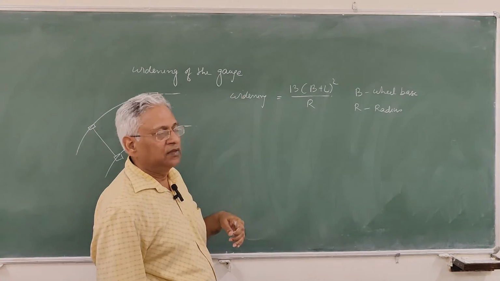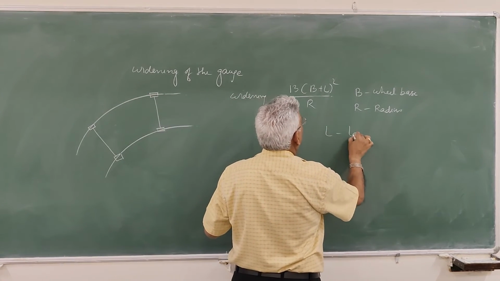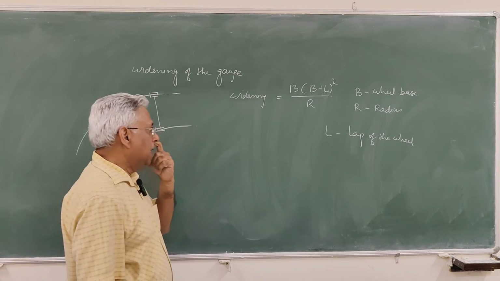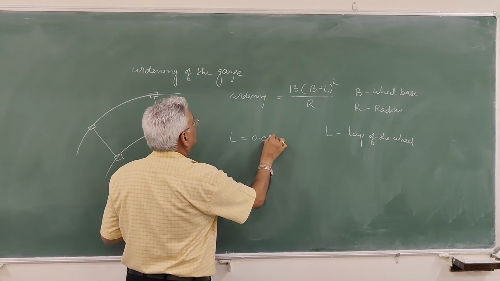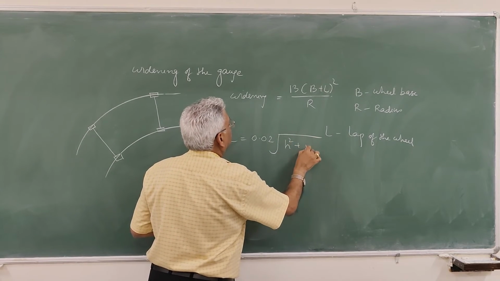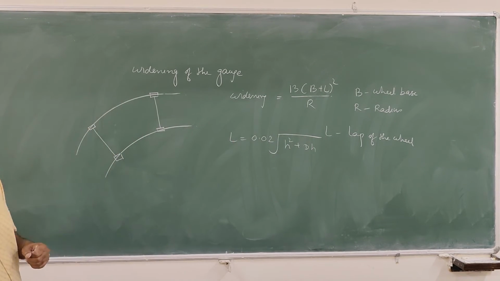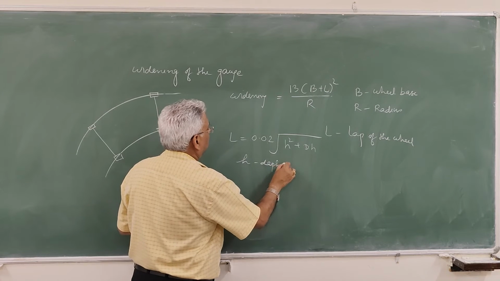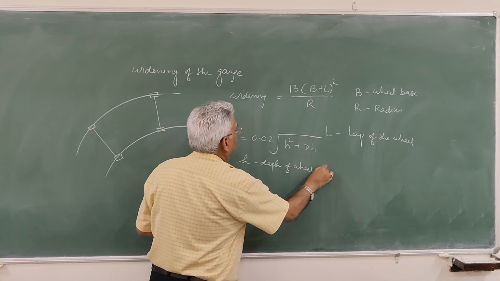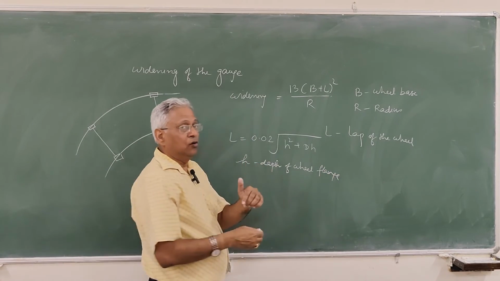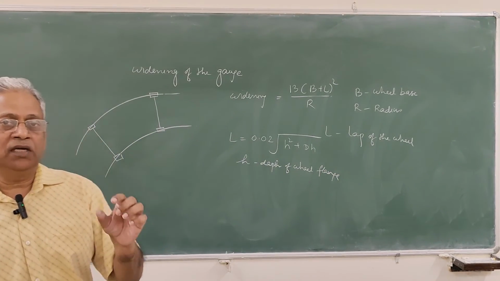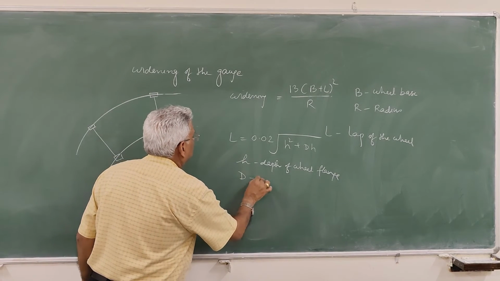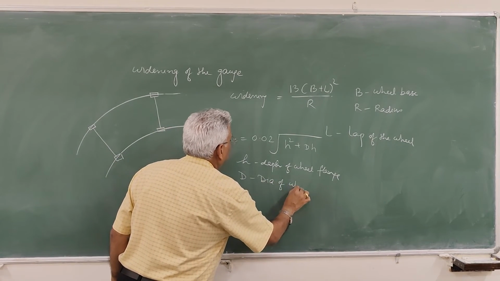L is called the lap of the wheel, and this is calculated like this: 0.02 square root of (h² + Dh), where h is the depth of the wheel flange below the top of the rail, and D is the diameter of the wheel.